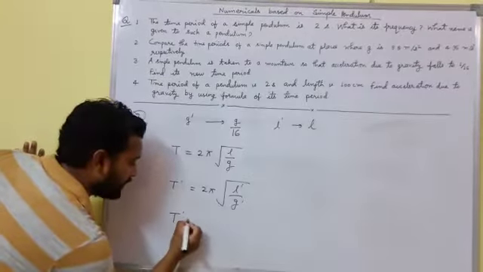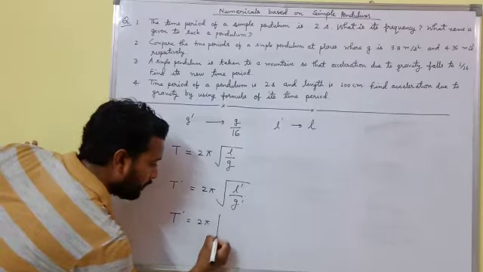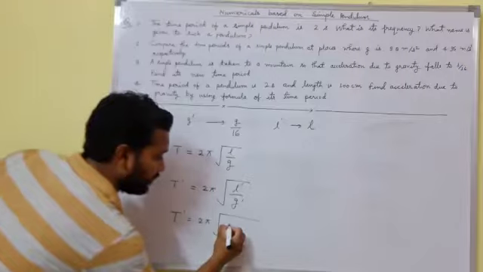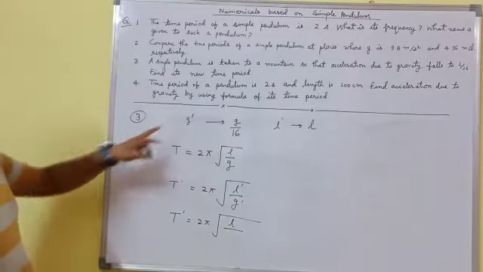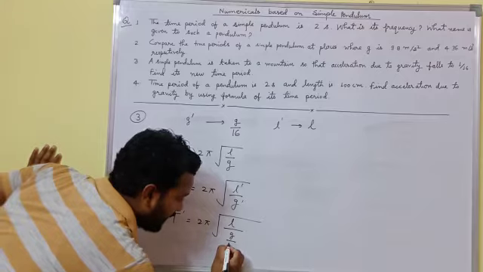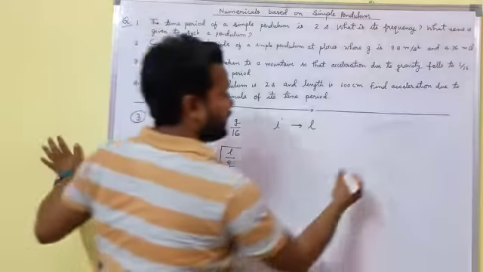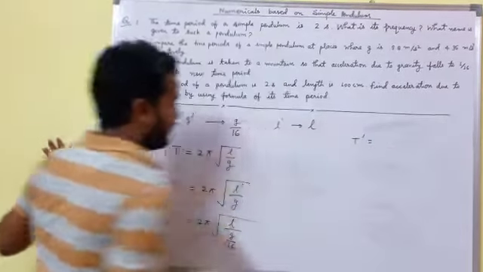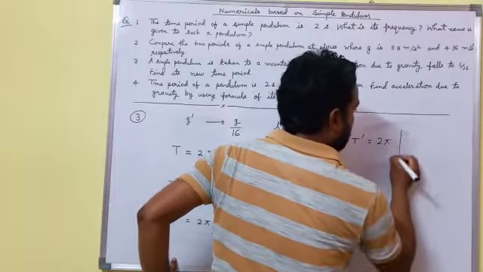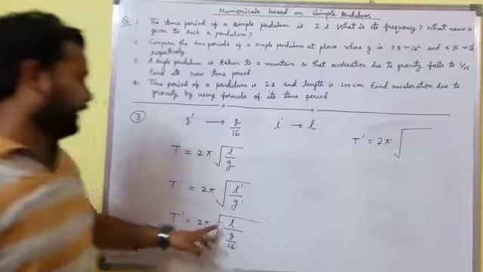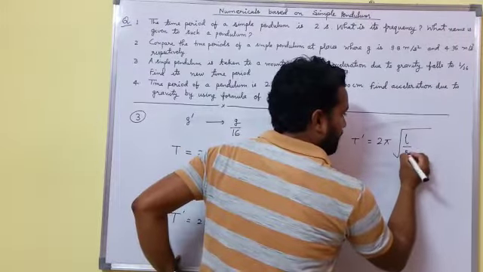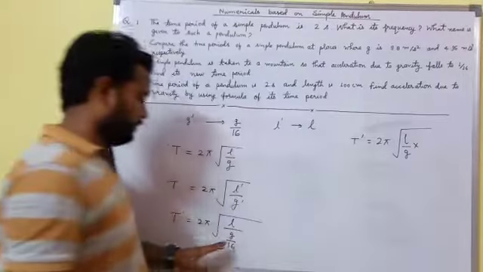Now T dash equals 2 pi root of L dash. There is no change in length, so L upon the value of g, which changes into g by 16. So after solving, T dash equals 2 pi root L by g into 16.